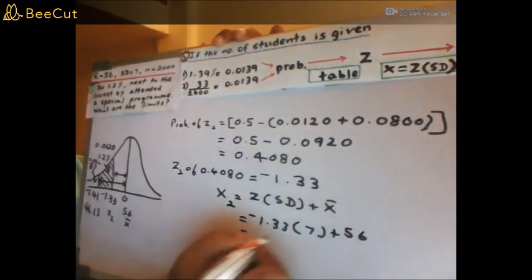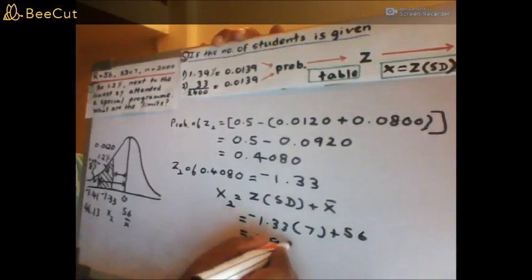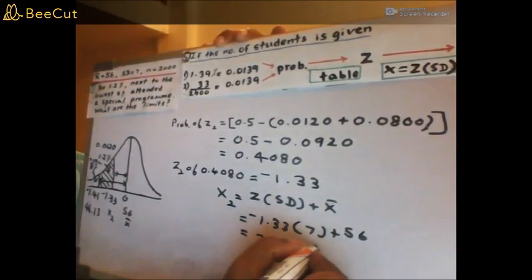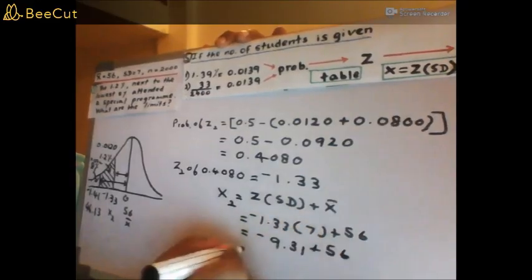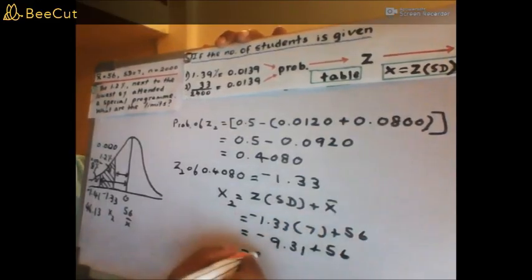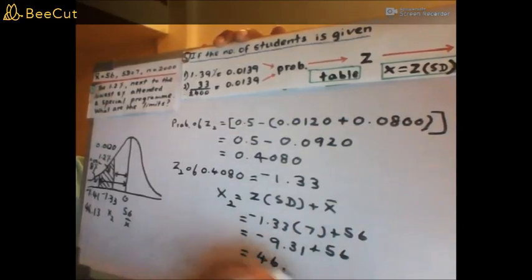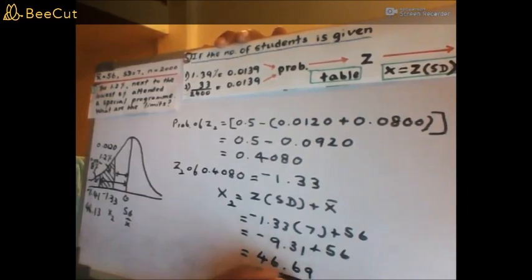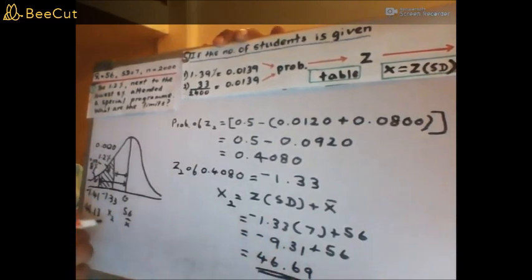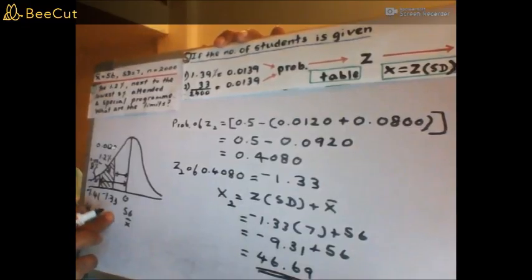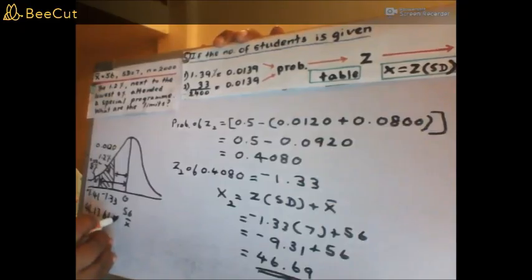So it is minus 9.31 plus 56. The answer is 46.69. So here X2 is 46.69.